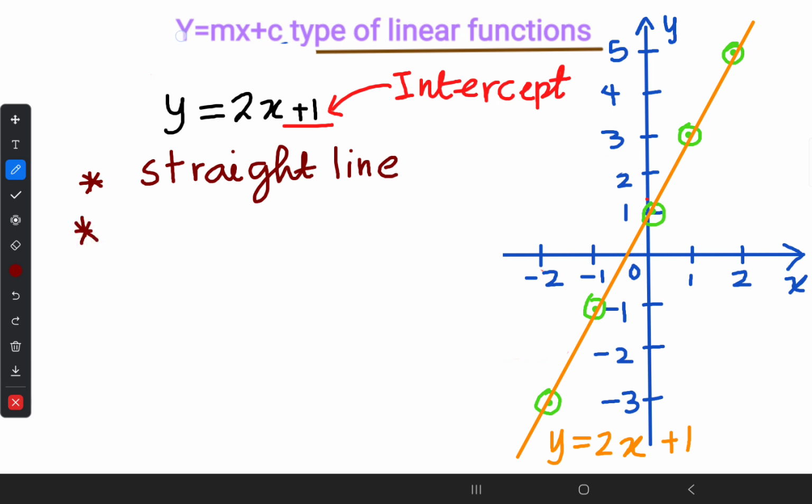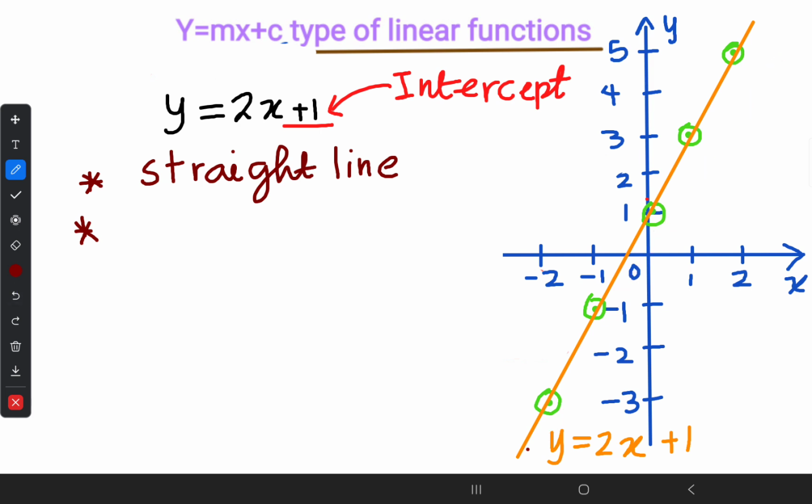Since this graph is of the y equals mx plus c type, m means the gradient and c means the intercept. If it doesn't have any intercept, it is categorized as a y equals mx type of graph. As you remember from our previous example, y equals mx means the graph goes through the origin because it doesn't have any intercept. The intercept is 0, that's why it goes through 0.